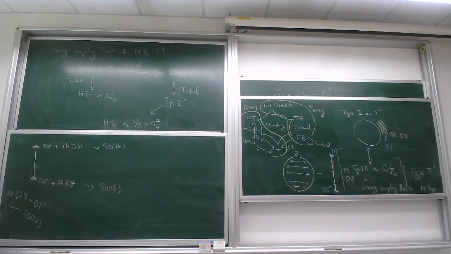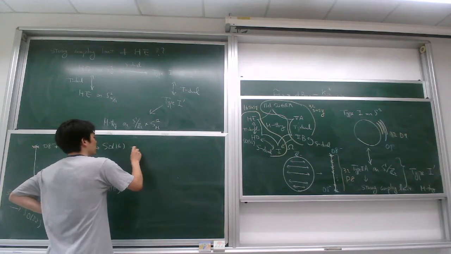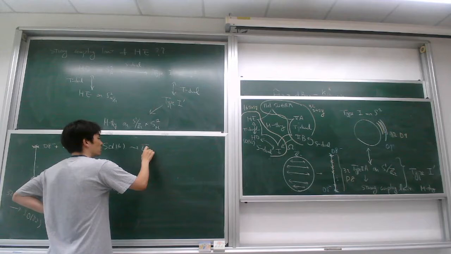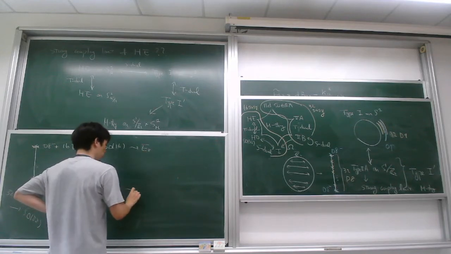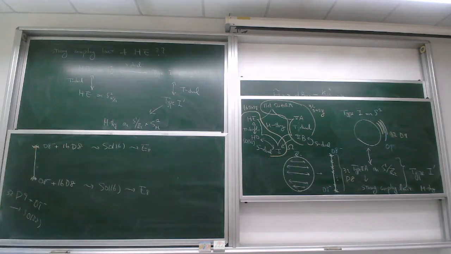So the combination of 16 D8 and the O8 minus plane gives you SO(16), and if you go to the string coupling limit, there's an enhancement that will show up.